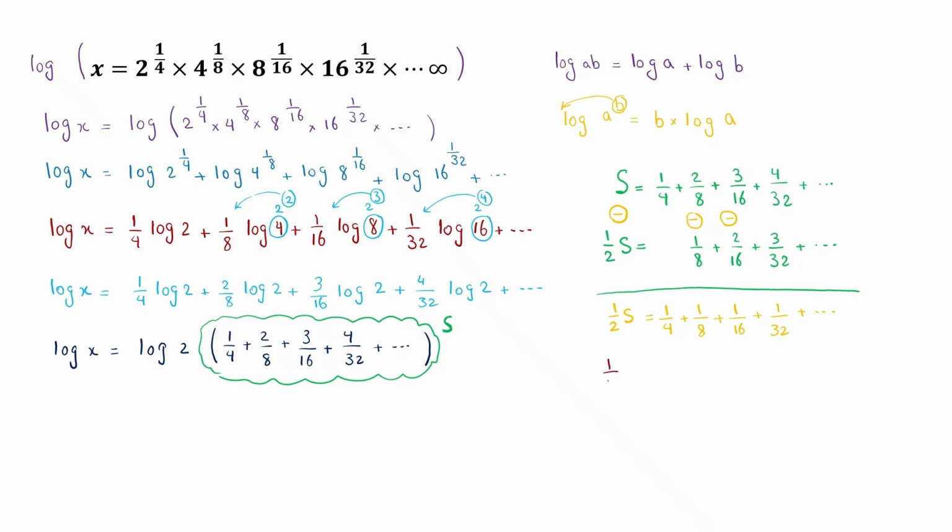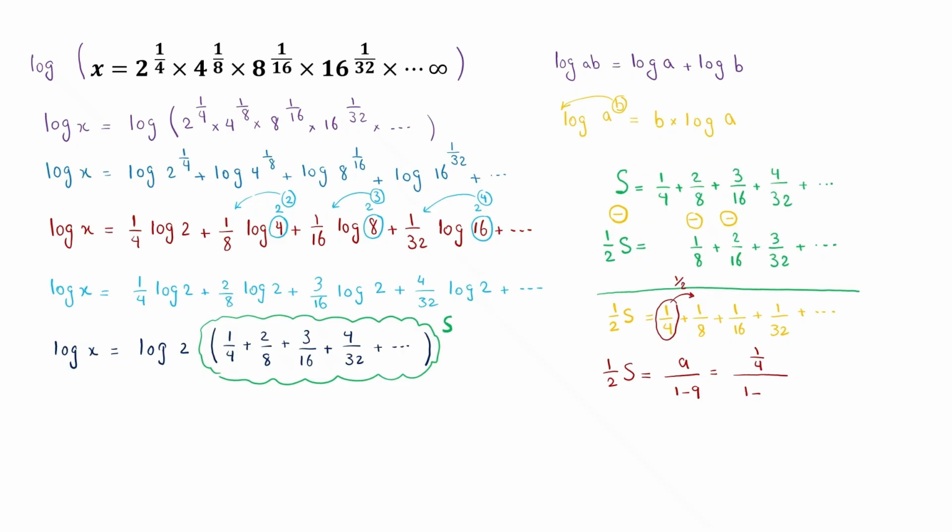Now 1 over 2 S is equal to the formula a over 1 minus q, in which a is the first term, which is 1 over 4, and q is the common ratio. So this 1 over 4 is multiplied by 1 over 2.